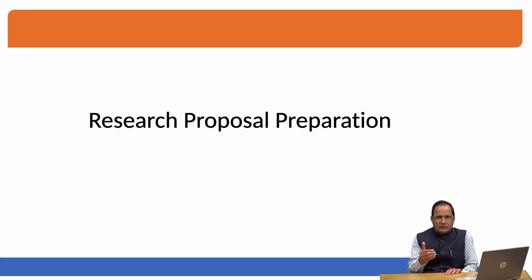Suppose the researcher has conducted the research for completion of the PhD program, postdoctorate program, or any other research project program, then in that case the report will be written in the form of thesis when it is PhD or postdoctoral, or a research report in case of when it was a research project.